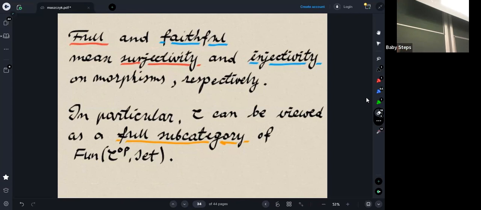In particular, you can regard this category C as a full subcategory of the category of functors from the category C with arrows reversed to the category of sets. Full subcategory means that we embed the category C into the category of presheaves in such a way that morphisms in this ambient category reconstruct the original morphisms in this category.